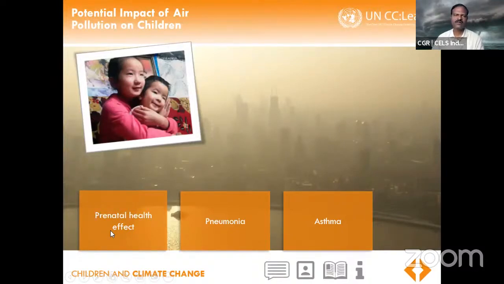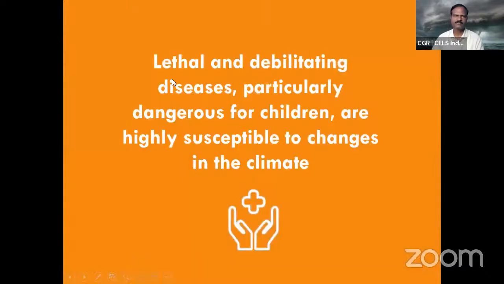So they will have a direct impact on prenatal health, pneumonia, asthma, like so many diseases that would impact children. And lethal and debilitating diseases, particularly dangerous for children, are highly susceptible to changes in the climate.